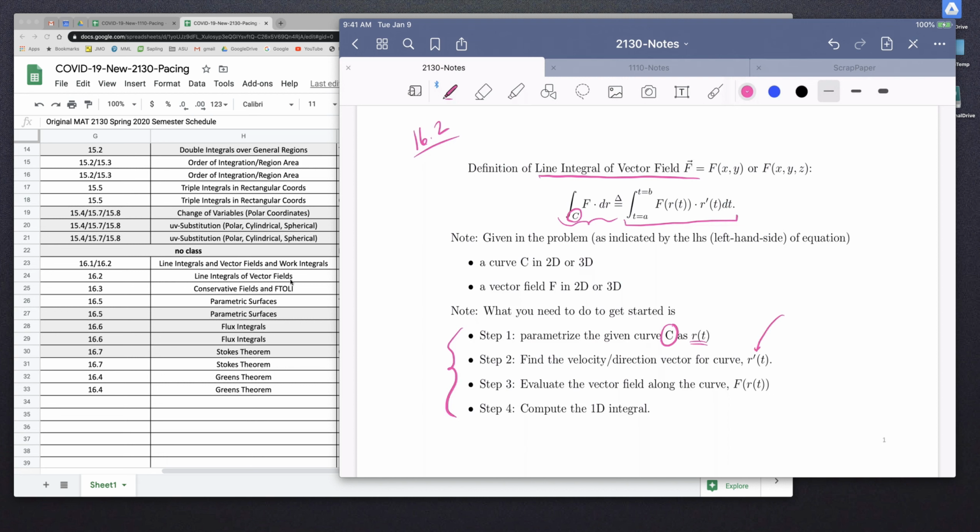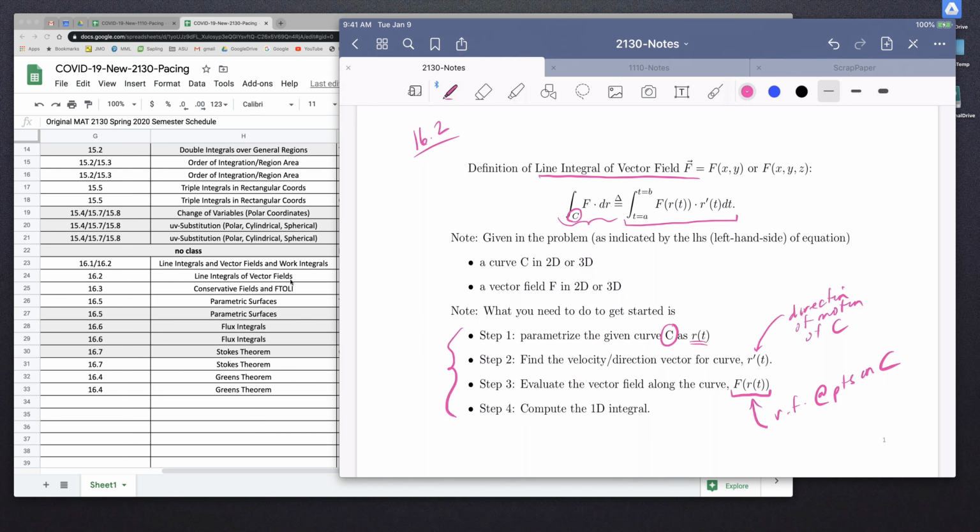You then need to find the direction of motion of the curve C. You need to find the vector field at the points on the curve C, right?